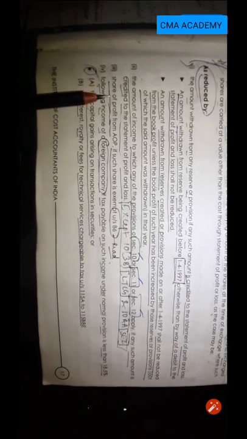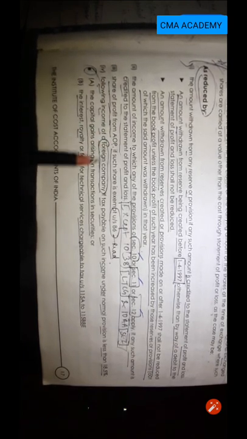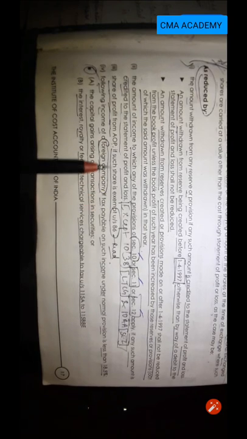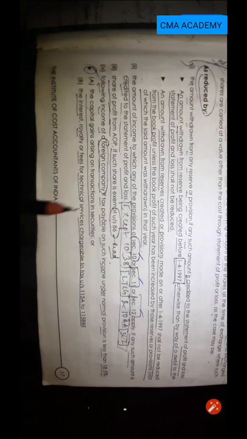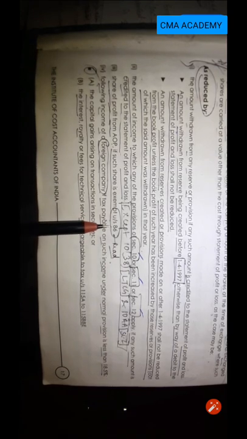Next point is the share of profit of AOP, if such share is exempt under Section 86. In Section 86, if we gain any share from an AOP, and the tax is already paid by the AOP, then that income is exempt in the hands of the taxpayer.